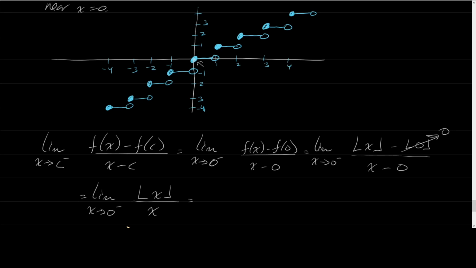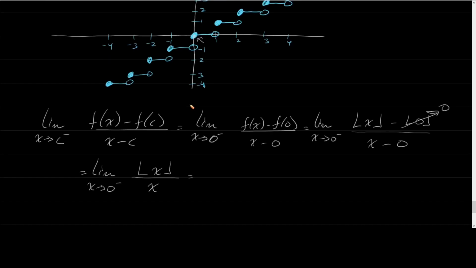We're approaching 0 from the left, so where we actually are is around here. For example, think of something like negative 0.1. Any value between -1 and 0, not including 0 but including -1, gives an output of -1 in the floor function.